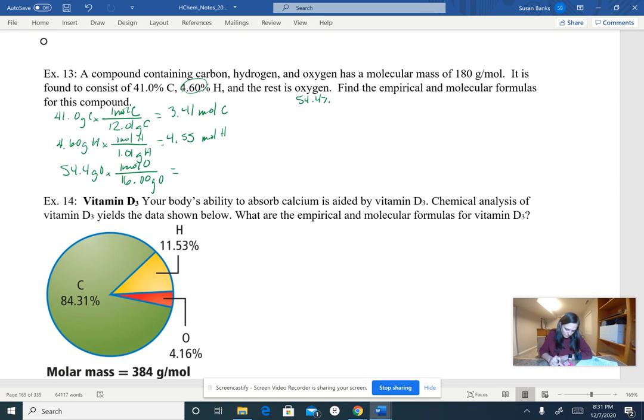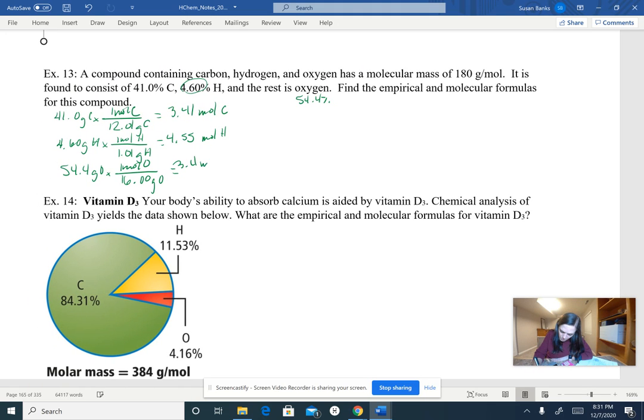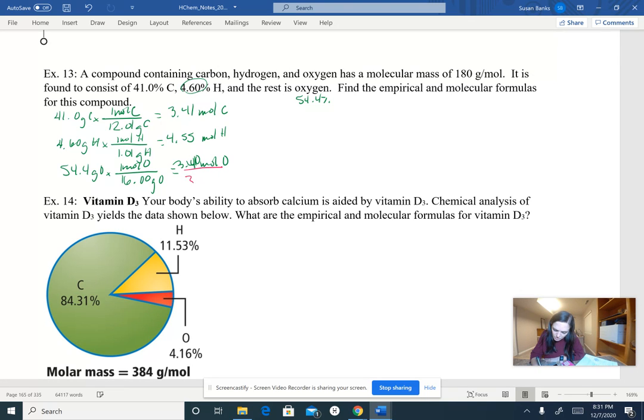So 54.4 divided by 16 gives me 3.40 moles of oxygen. Okay, so what's the next step? The next step is to find which one is the smallest. So we're going to use oxygen, 3.40, as our divider.